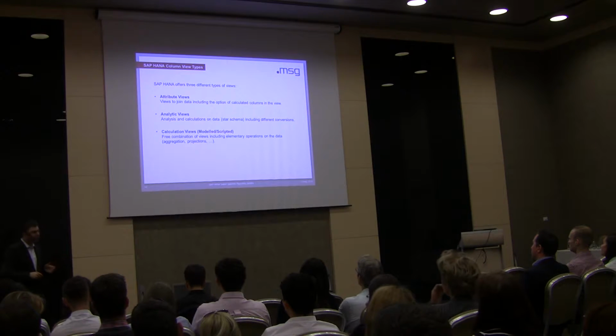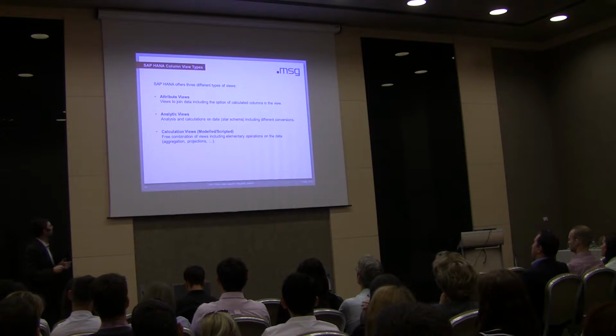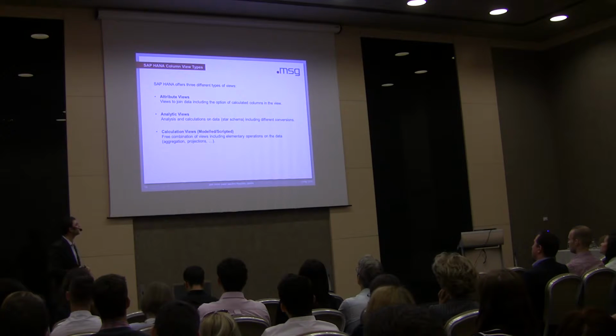From a technical point of view, we have the differentiation between three view types. We have attribute views, analytic views, and calculation views at the moment. Attribute views are views which join data, which then uses the join engine of SAP HANA.